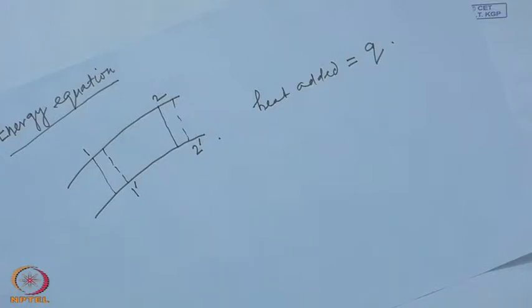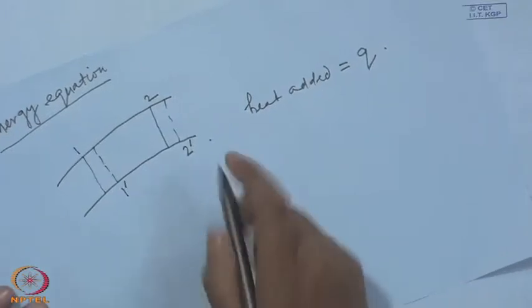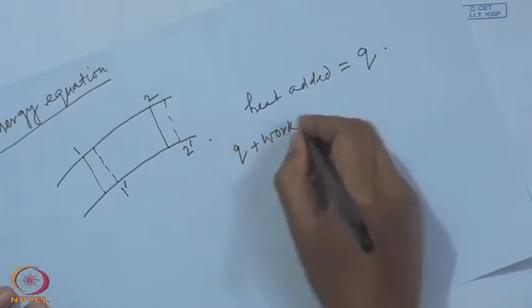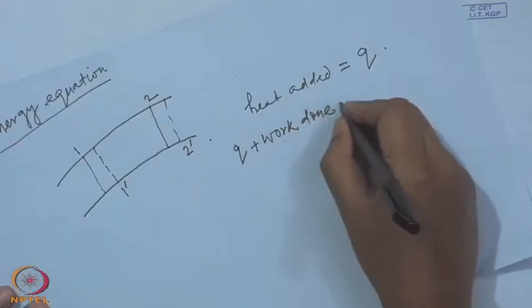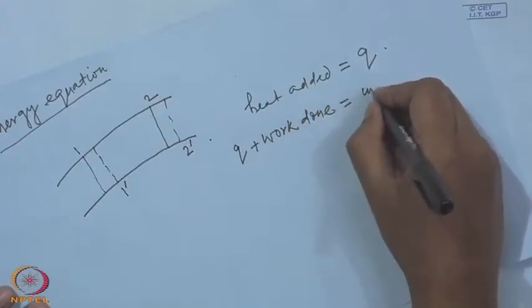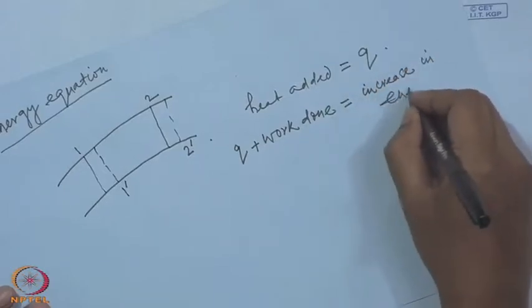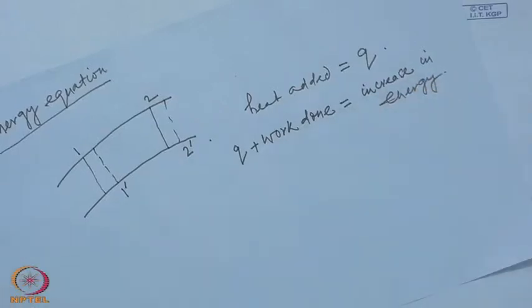Now, if we apply the first law of thermodynamics, then we get that the heat added to the system Q plus the work done on the system is the gain in energy, or increase in energy, of the system. Now, let us estimate the work done on the system. Let us assume that at station 1 the volume displaced is the specific volume V 1 corresponding to a unit mass.